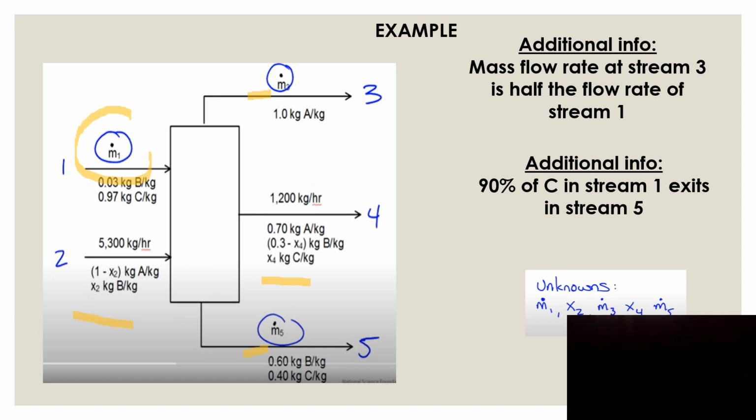So 1 minus 0.7 is 0.3. So we can get the mass fraction for component B by 0.3 minus X4. So you can get the mass fraction for component B and component C.